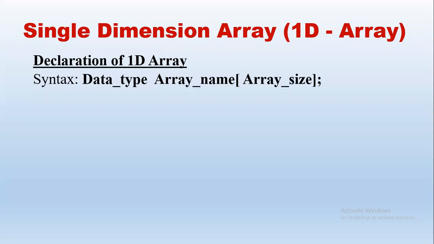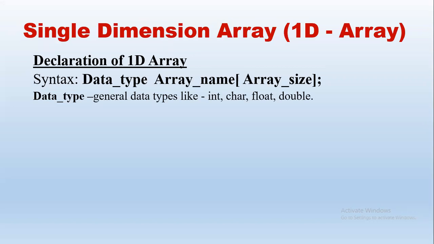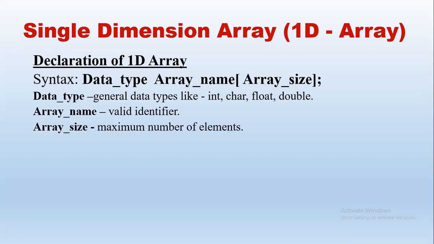So declaration, as we know, we are going to give the data type like any general int, float, char, etc. And then a single array name to identify each element of the array. And then within square brackets, we specify the size of the array. So size is the maximum number of elements that can be stored in the array. Once we give this, it reserves that much amount of memory for the elements of the array, right?